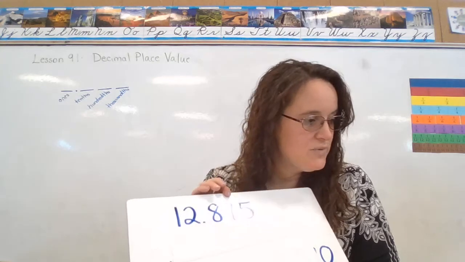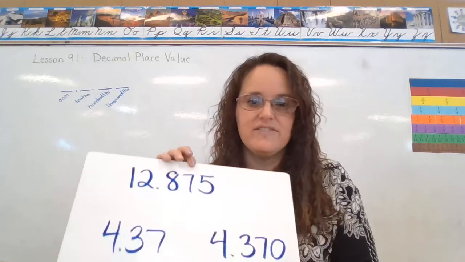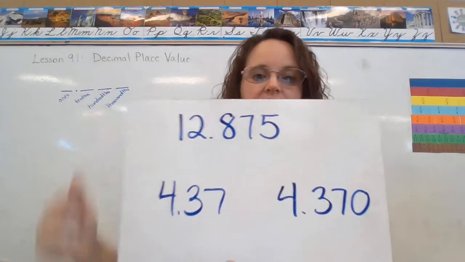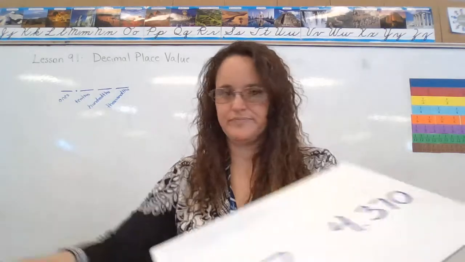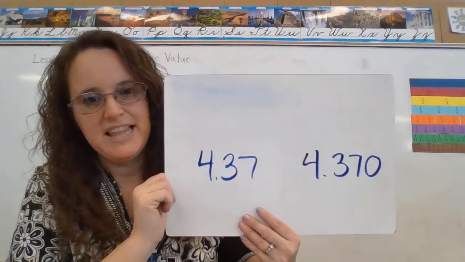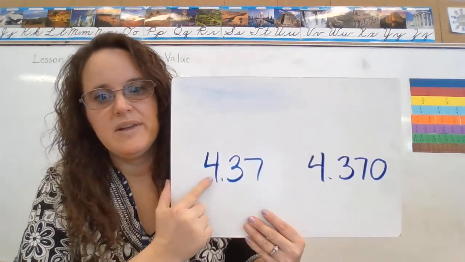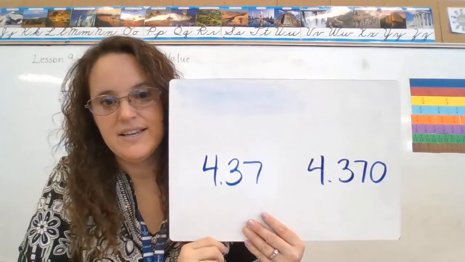Okay, the next one says, which digit is in the hundredths place in each of these 2 decimal numbers? So we're looking at the bottom 2 here. I can erase the 12. Which digit is in the hundredths place? So look here, we have 4 and 37 hundredths.